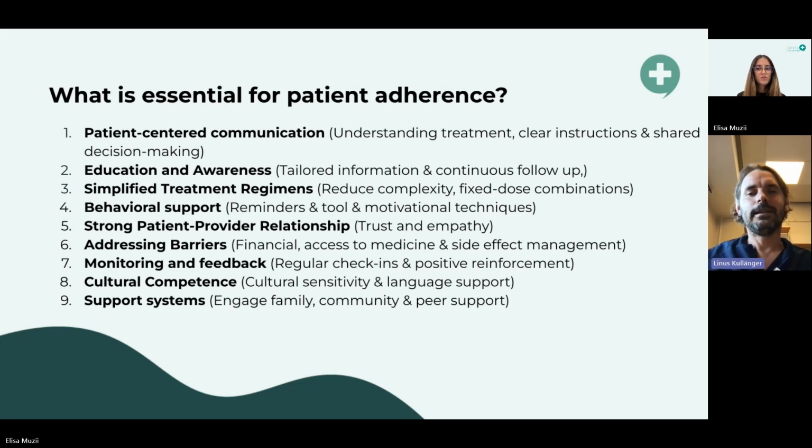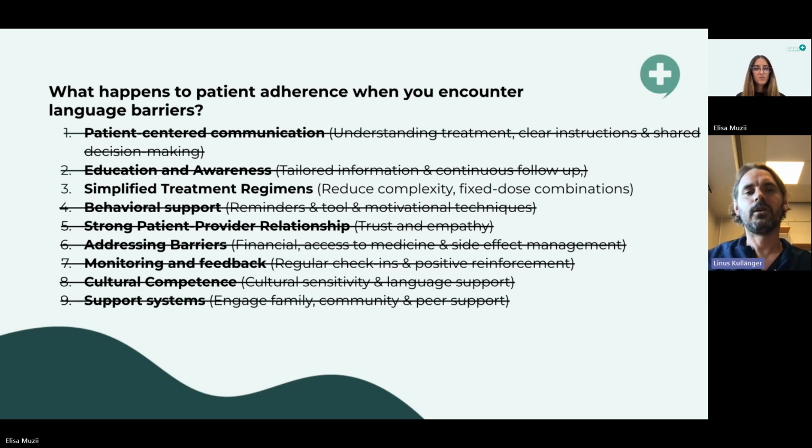Next slide. What happens to patients and adherence when you encounter language barriers? Now we see a slide where I crossed out almost everything, because if you can't communicate with the patient, it's extremely difficult for you as a medical professional to enable all these essentials, like patient-centered communication.